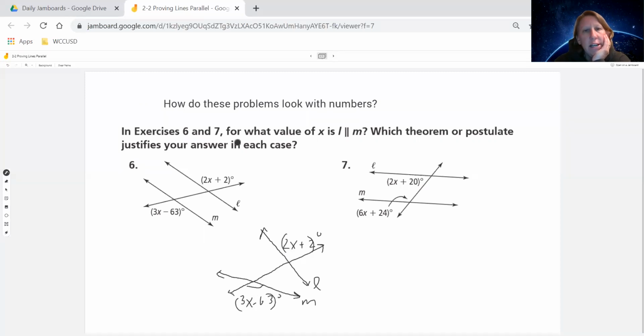What this question is asking is, for what value of x would make it have to be that L is parallel to M? Or could it just be like this, right? And then which theorem or postulate would justify my answer?